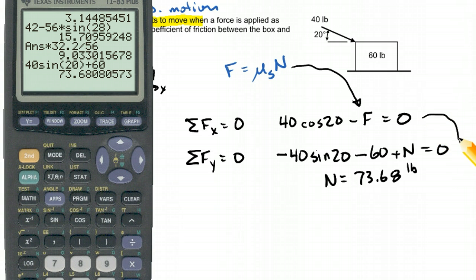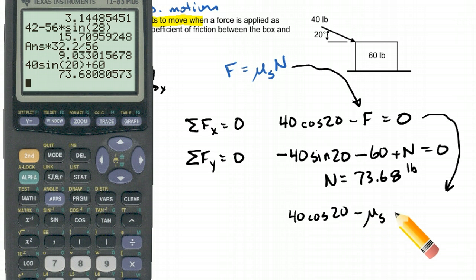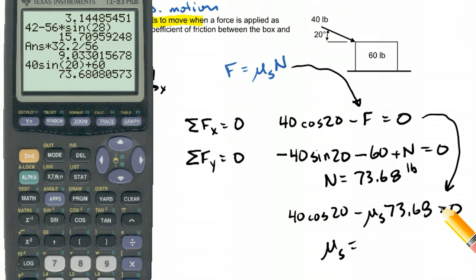So we'll bring this equation down and say 40 cosine 20 minus mu sub s times 73.68 equals 0. Mu sub s is going to be 40 cosine 20 divided by our previous answer, 73.68.